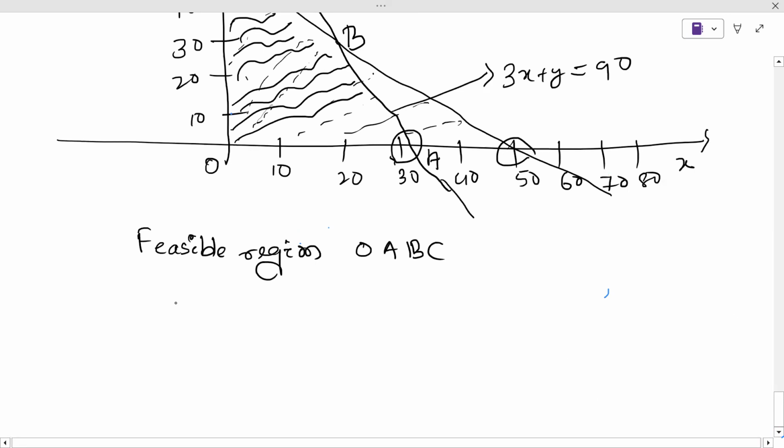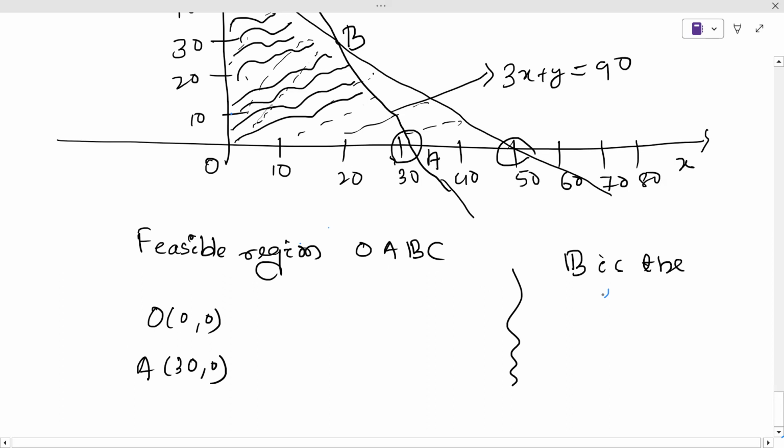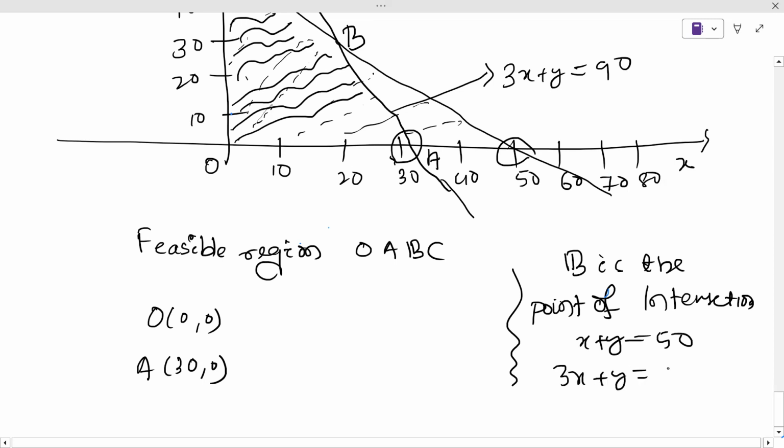We already know the vertices: O is (0, 0), A is (30, 0). But we have not found B. B is the point of intersection of x plus y equal to 50 and 3x plus y equal to 90.